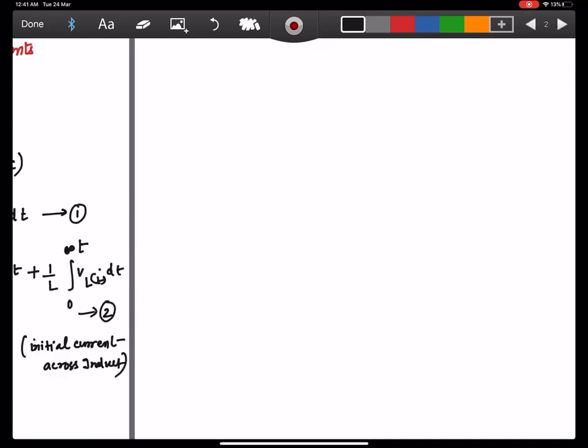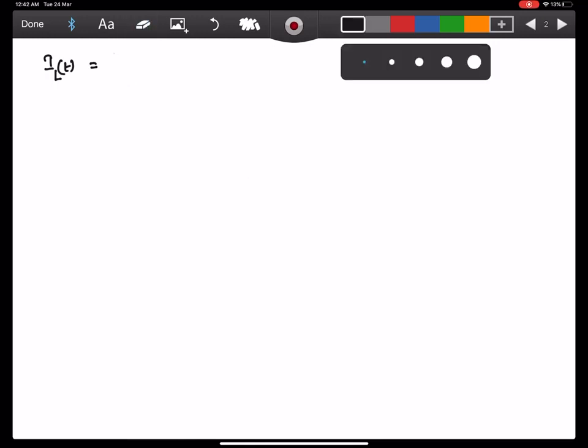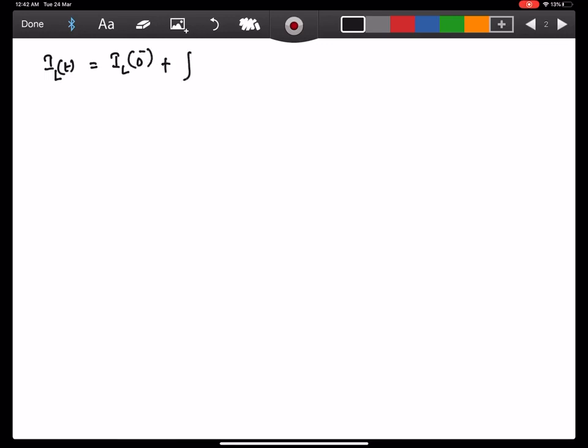So we can write the same equation as IL(t) is equal to IL 0 minus plus 1 by L integral from 0 to t of VL(t) dt. This is equation number 3.